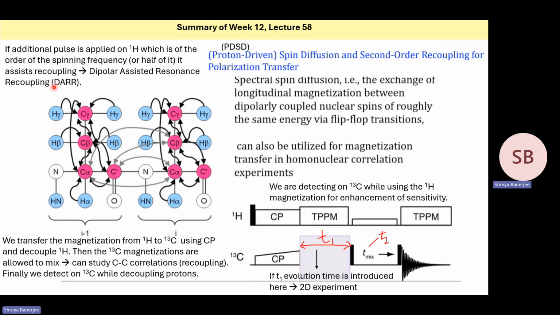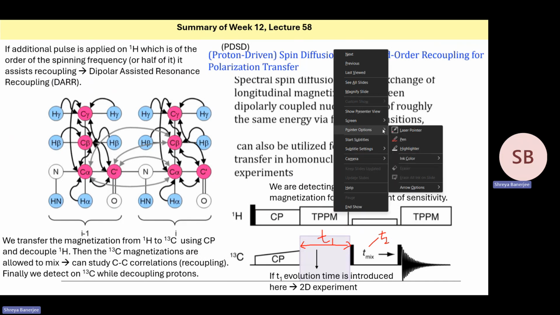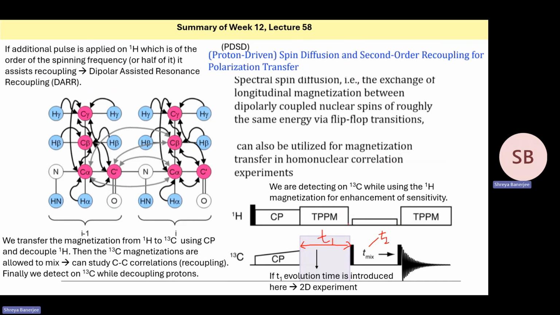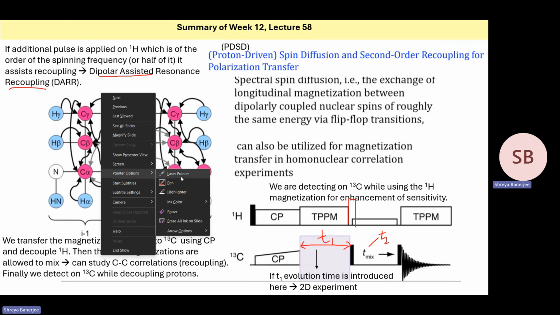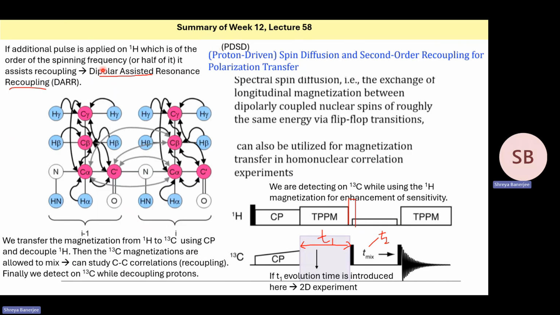So DARR has a similar pulse sequence, but one more additional pulse is given on 1H. That will help to recouple faster. So both PDSD and DARR are methods for recoupling.